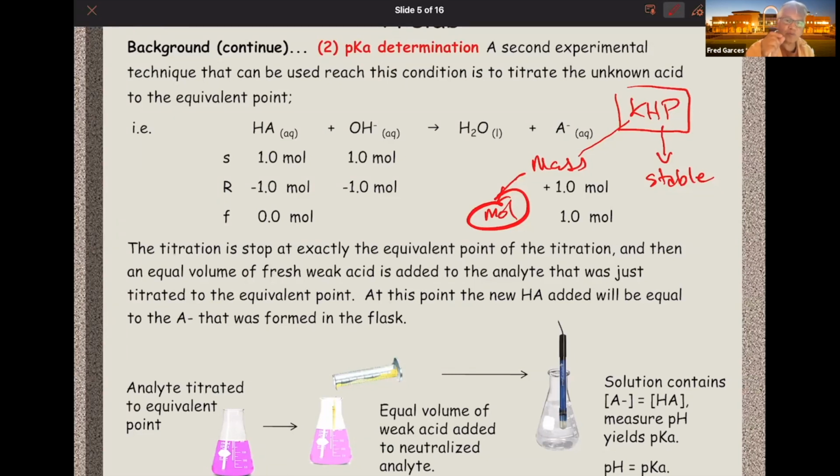And for those of you in my lecture, you know that there's carbon dioxide in the atmosphere. Carbon dioxide will get absorbed in the water. The water and the carbon dioxide will form carbonic acid. The carbonic acid will react with the sodium hydroxide in the bottle, especially if it's open, and then it'll lower that concentration.